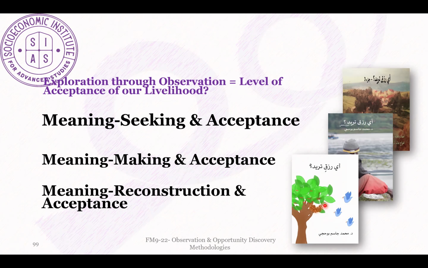We have written in Arabic a series of books about livelihood because we believe livelihood is very important to the inspiration economy. Once you explore through observation, the level of acceptance of our livelihood will be higher. So our meaning seeking and acceptance will be higher, meaning making and acceptance will be higher, meaning recognition and acceptance will be higher.